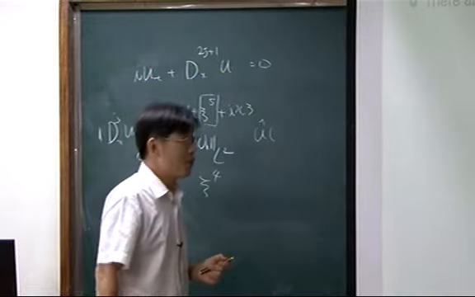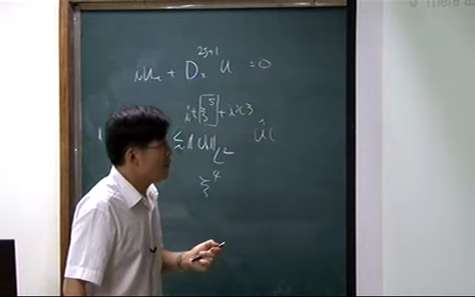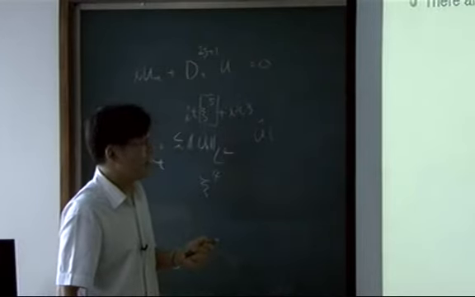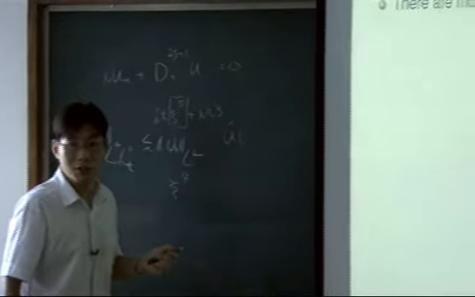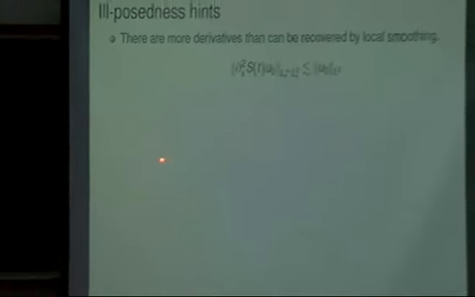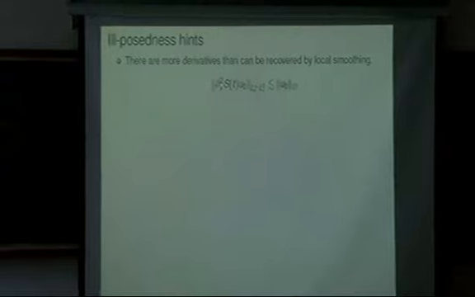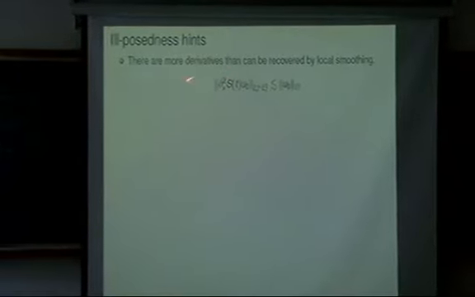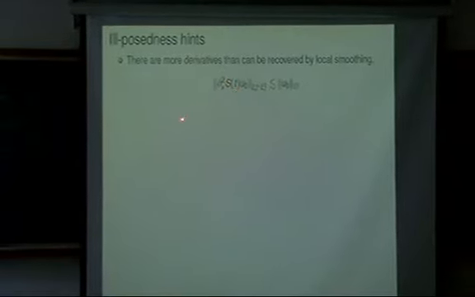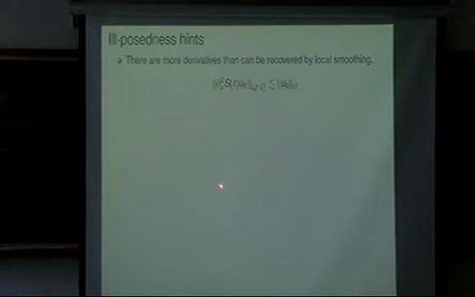Okay. But the problem is that this recovers only two derivatives, but remember that the linear term has more derivatives. For the KdV equation, the local smoothing recovers one derivative, and we had only one derivative. It matched. Okay? So it was possible to solve by using only the local smoothing.